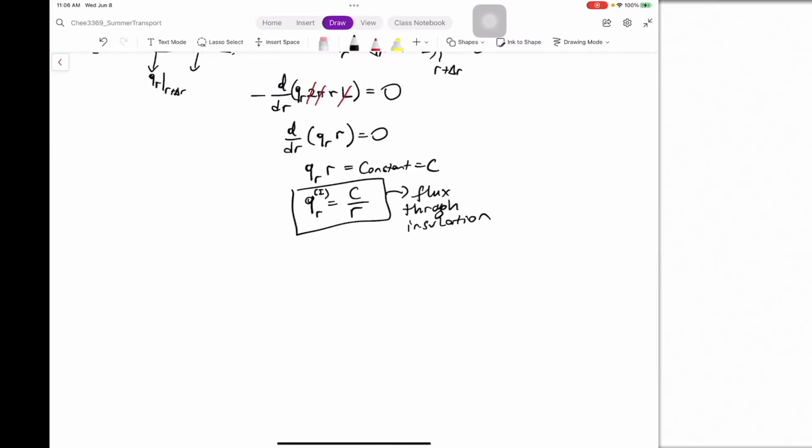Now, how am I going to find C? Boundary conditions.